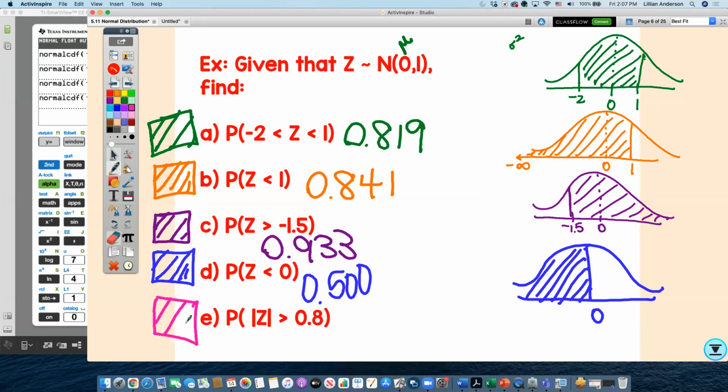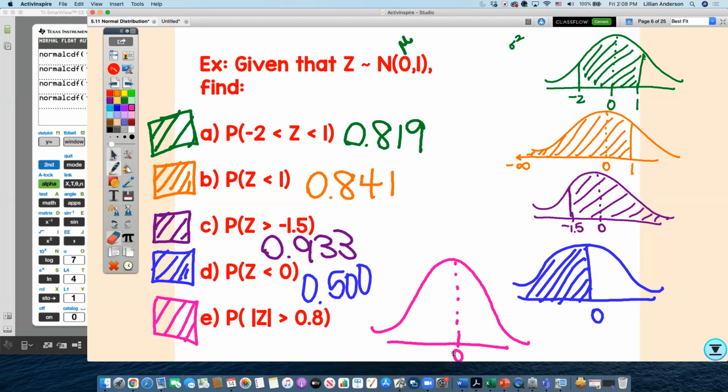Last but not least, you have these bars around Z. What do those bars mean? Absolute value. What is absolute value? It's how far it is away from 0.